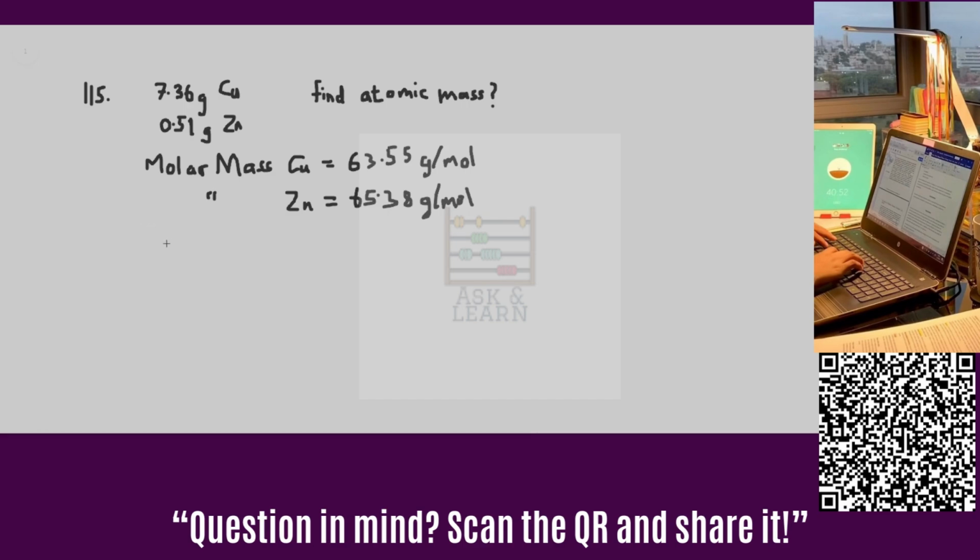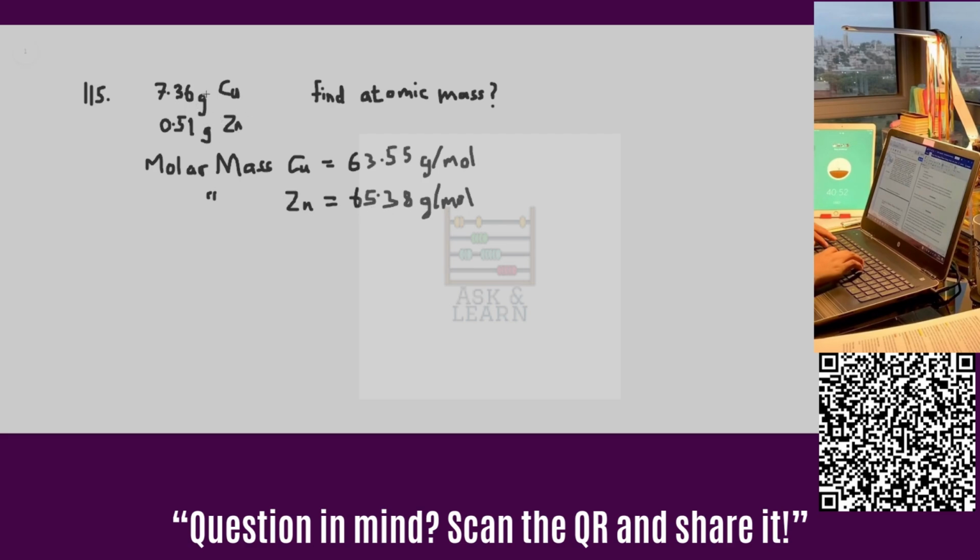So the first thing you want to do is, since you're trying to find the atomic mass, you should look up what the molar masses or the atomic masses of these two respective elements are, copper and zinc. And from the periodic table, the atomic masses are 63.55 grams per mole for copper and 65.38 grams per mole for zinc.